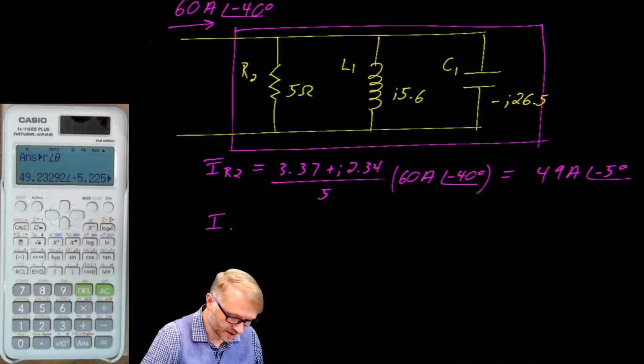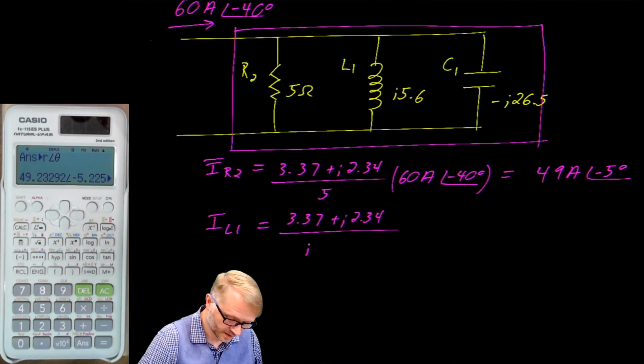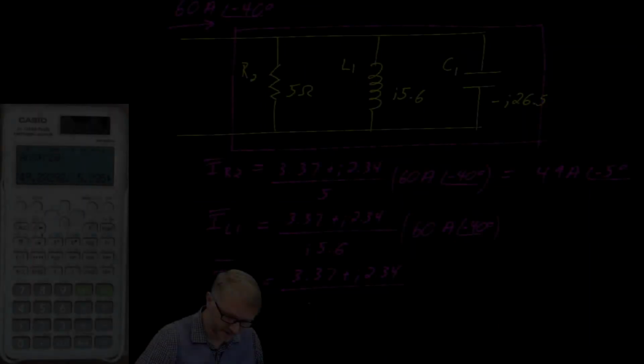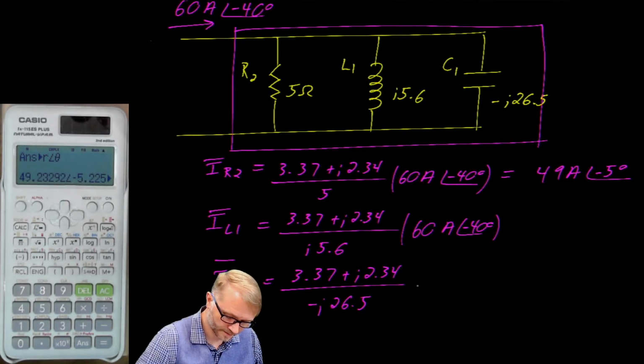The current on L1 is the total parallel impedance over J 5.6 by the source, and the current on the capacitor is the total parallel impedance over the impedance of the capacitor by the current flowing into this circuit.